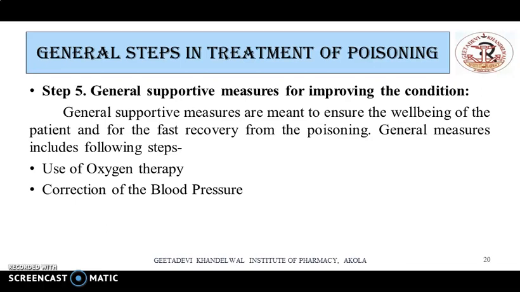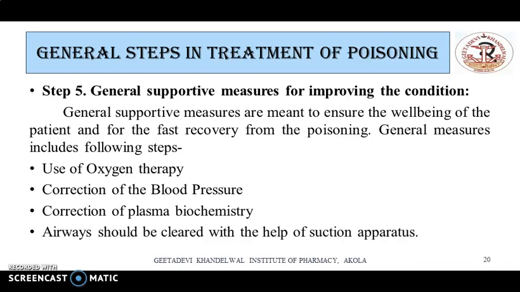If there is a cardiac arrhythmia in the patient, then safety measures should be taken under the supervision of an expert. If correction of plasma biochemistry is needed, like acidosis or alkalosis in the blood, then airways should be cleared with the help of a suction apparatus.